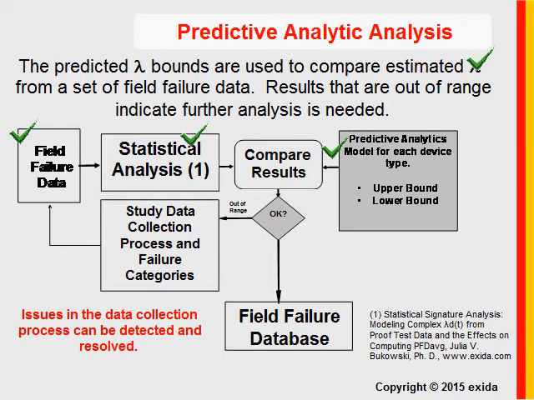Are we out of range? How far are we out of range? And what is the probability that the data collection process is inconsistent with norm? We study the data collection process, and the failure categories and issues can be resolved for the purposes of creating consistent and realistic failure rate estimates.